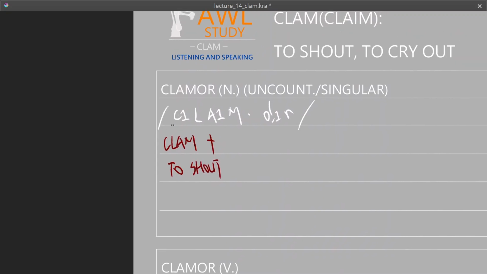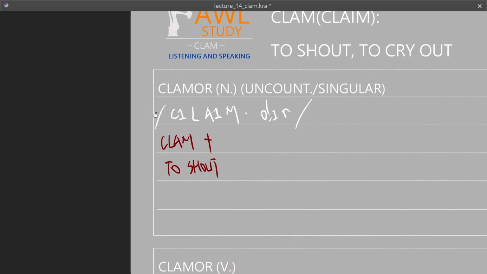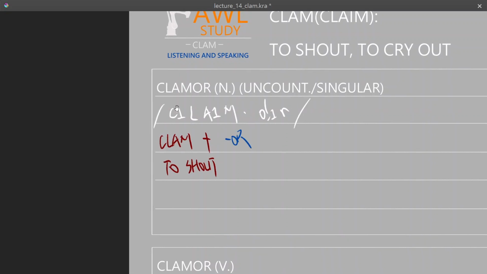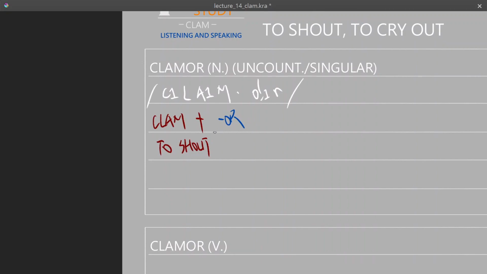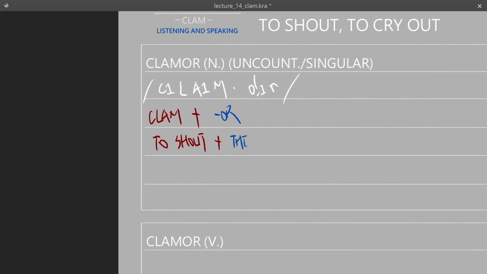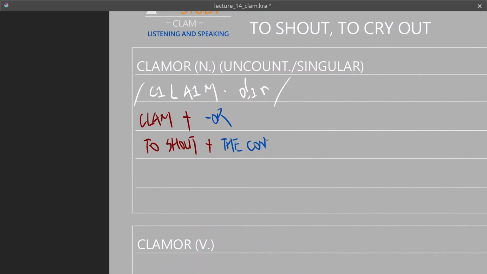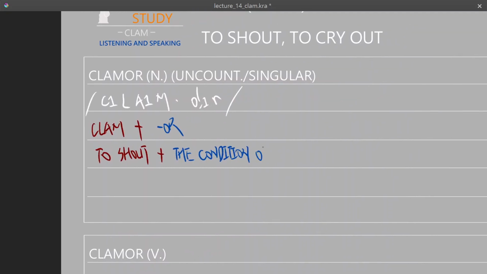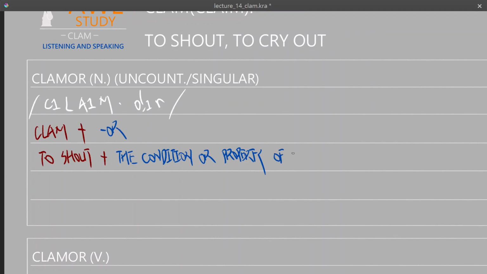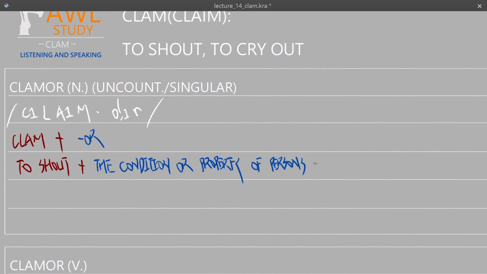And we have the noun suffix -or, meaning the condition or property of persons or things.